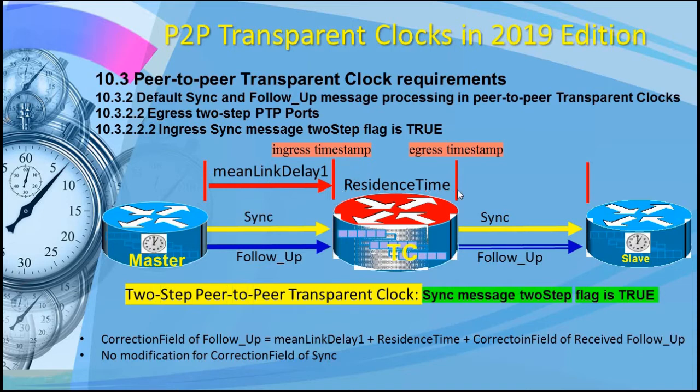The second one is the resident time on the TC. The third one is the received original correction field from the follow-up message. For the sync message, no modification. This is how the two-step peer-to-peer transparent clock works.